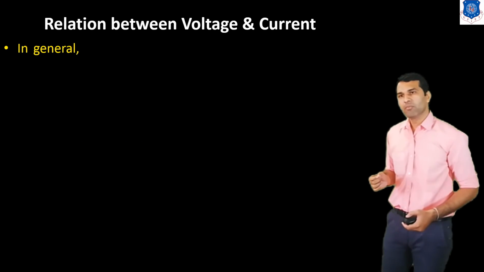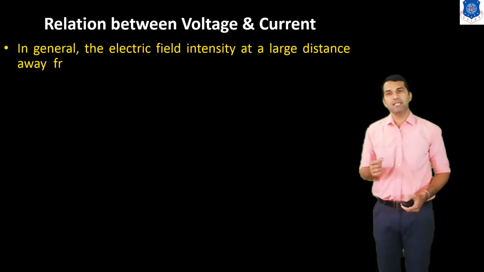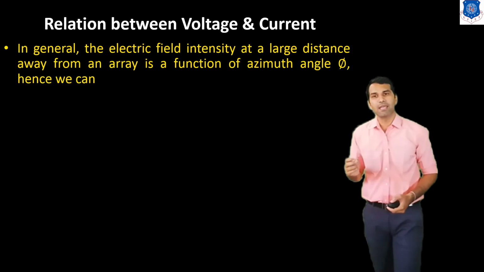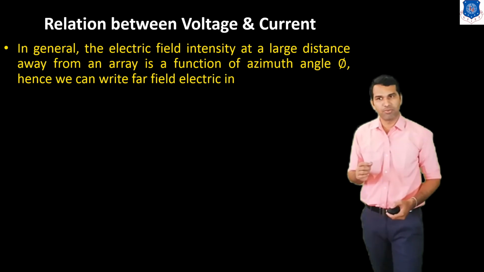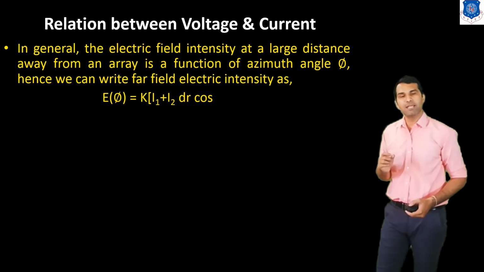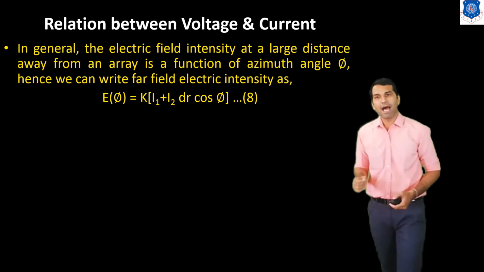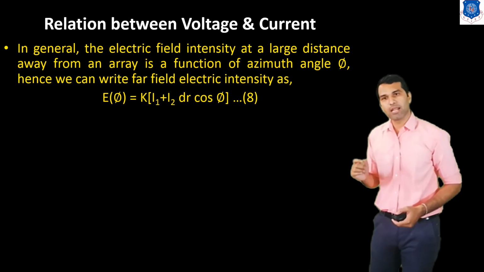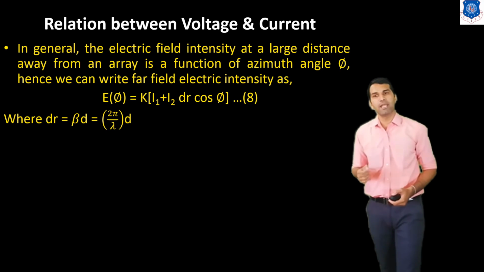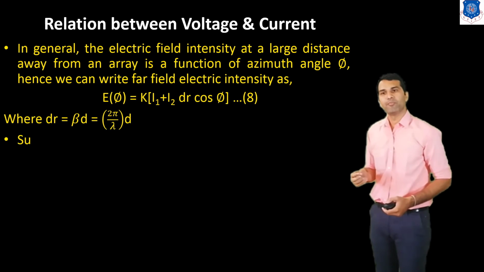Now in general, the electric field intensity at a large distance away from an array is a function of the assumed angle phi. Hence we can write the far field electric intensity as E phi equals K I1 plus I2 dr cos phi, where dr is beta into d, and beta is 2 pi by lambda.